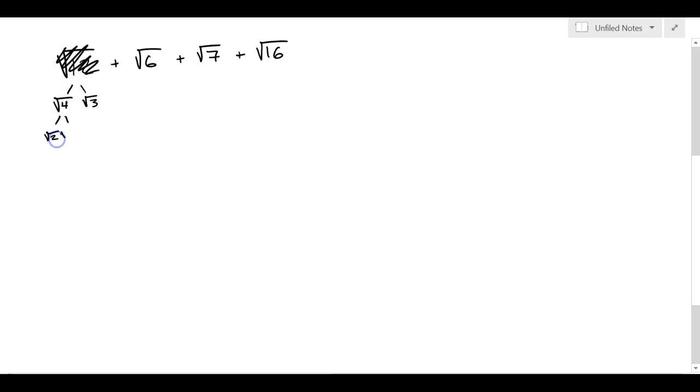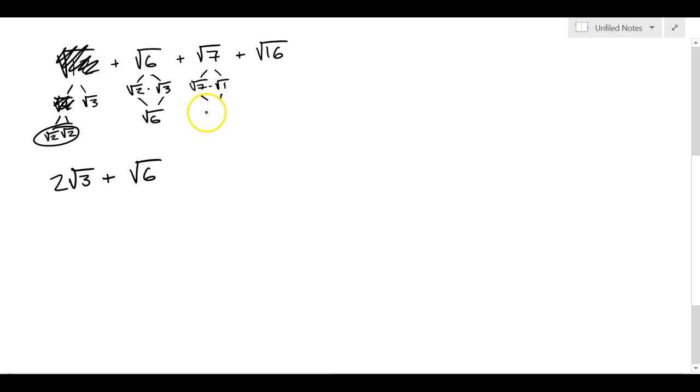Radical 4 breaks down into radical 2 and radical 2, which gives me, circle that pair, 2 radical 3 plus radical 6, which breaks down into 2 and 3. Neither of those have any pairs, so this turns back into radical 6. 7 breaks down into 7 and 1, which obviously cannot combine with anything else, so that gives me radical 7.